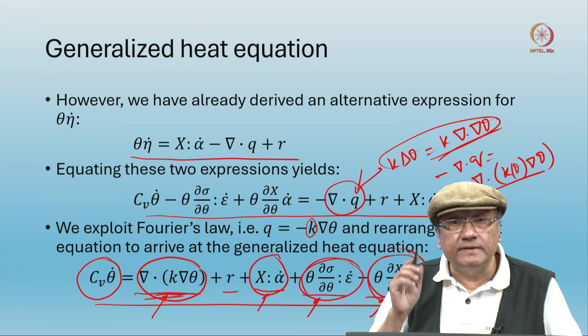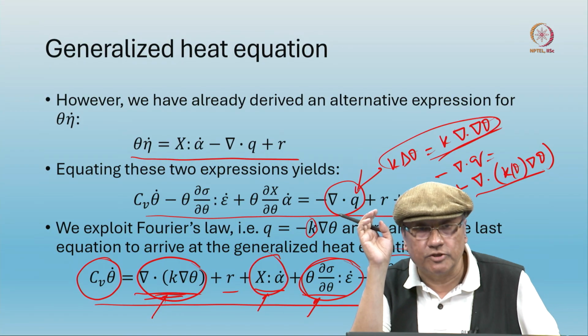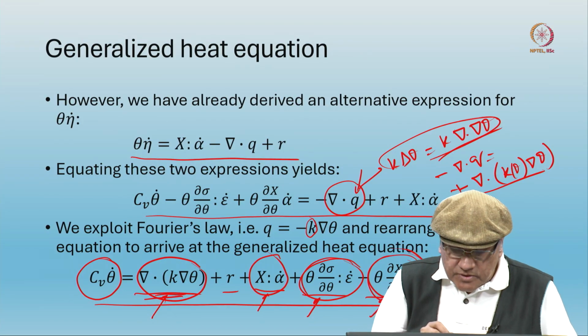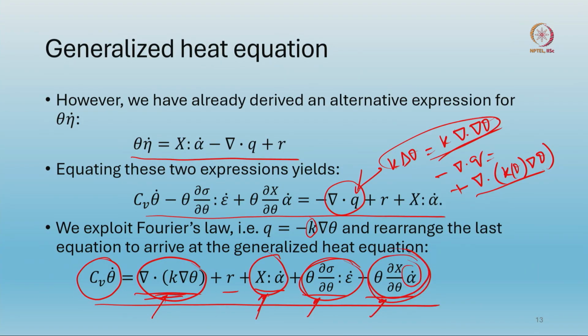In the generalized heat equation, the terms with double-line arrows are the source terms. These are the source terms that are generating the heat, and the term with a single arrow is trying to dissipate that heat, though it may not be able to do it fully.